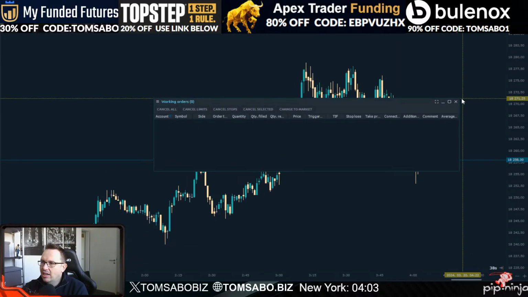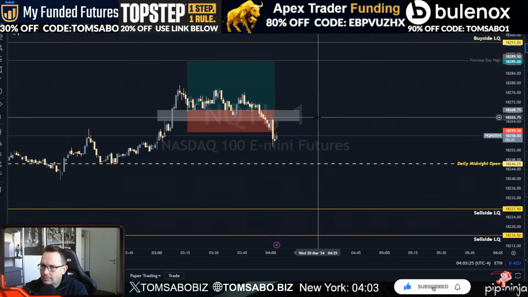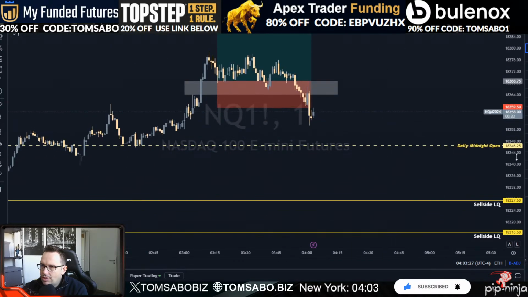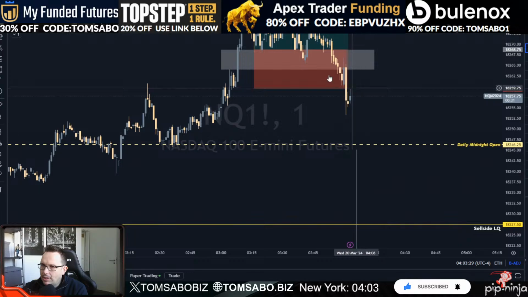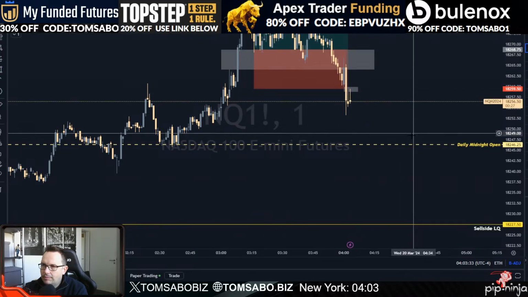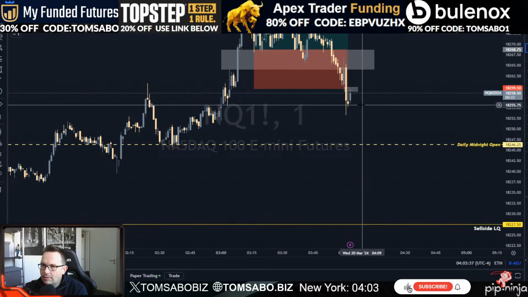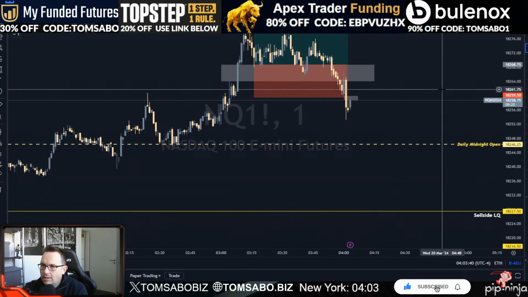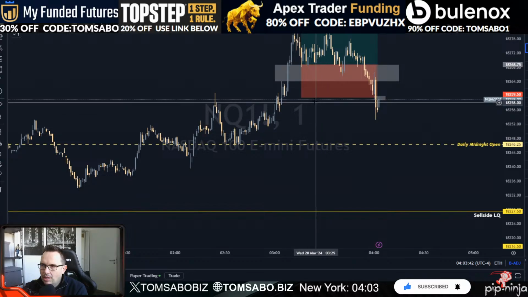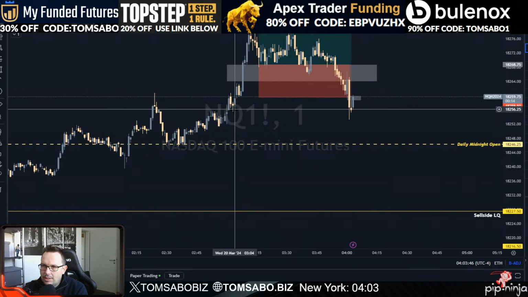Okay, I have no orders. You know, it made a small fair value gap here, but I don't know. No shift, no real shift here. So I don't care about that move, but it rebalanced these gaps here.